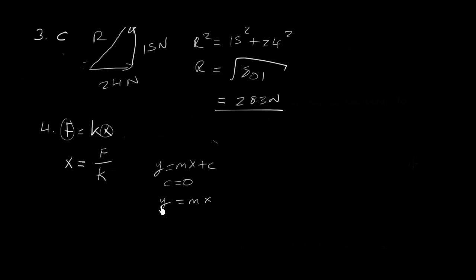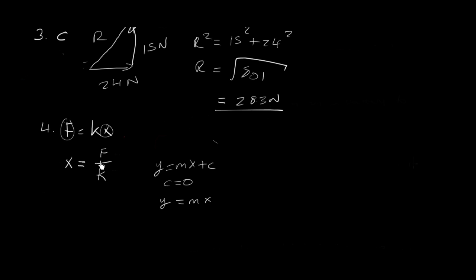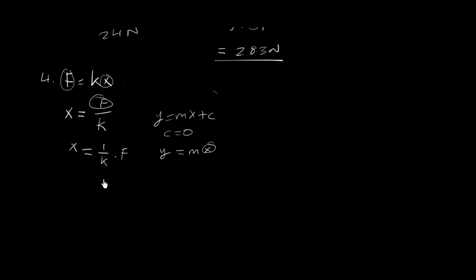In this case the y-axis is the extension, which we're calling here x, and the x-axis is the force, so the gradient is 1 divided by k, because F over k is the same thing as 1 over k times F, right? So 1 over k is the gradient.